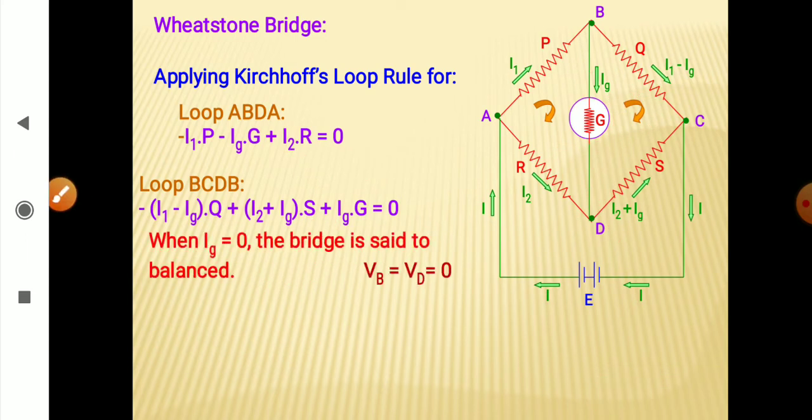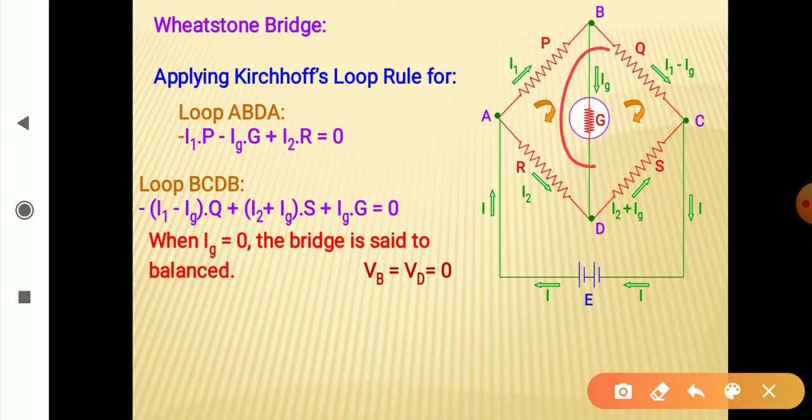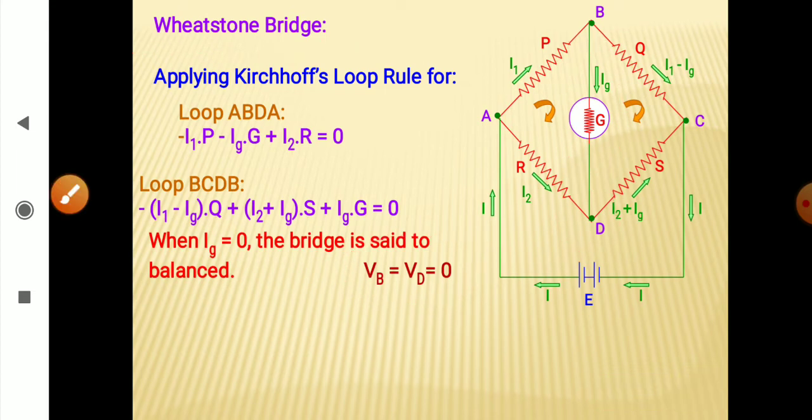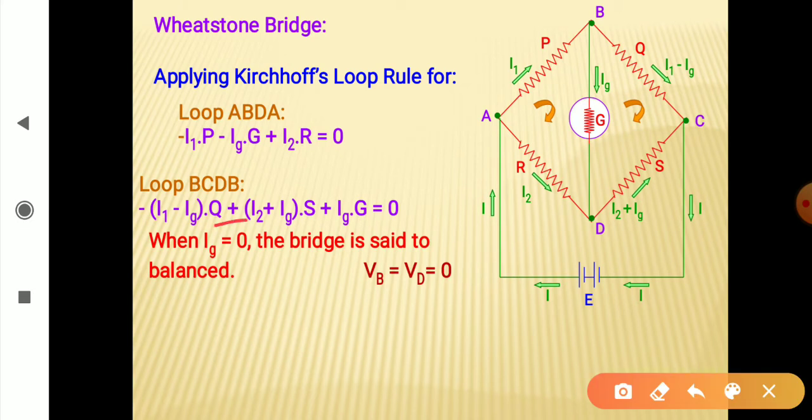Now, when current through this galvanometer is 0, or when this point B and point D are at the same potential, then this Wheatstone bridge is said to be balanced. Now, for a balanced Wheatstone bridge, Ig is 0.